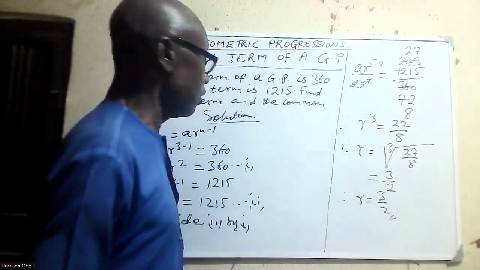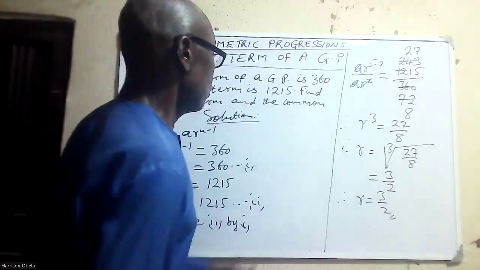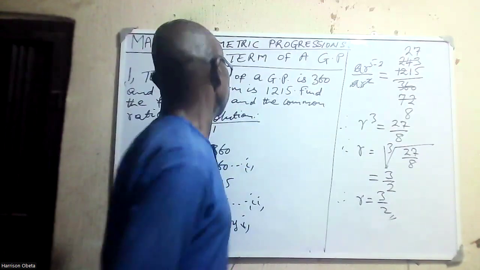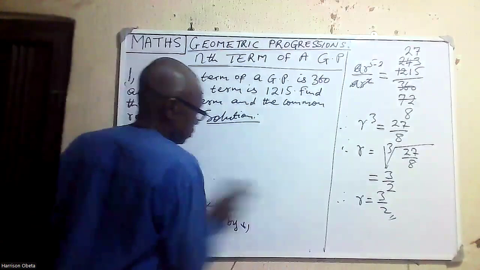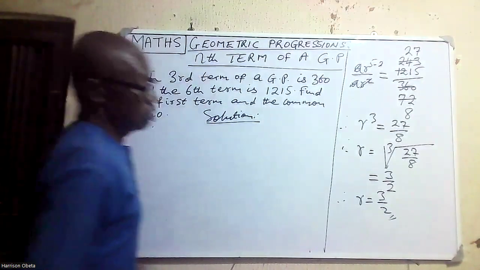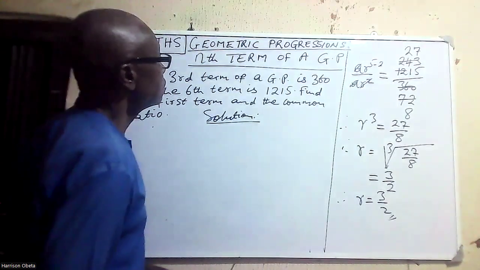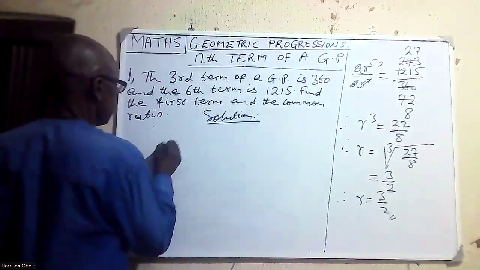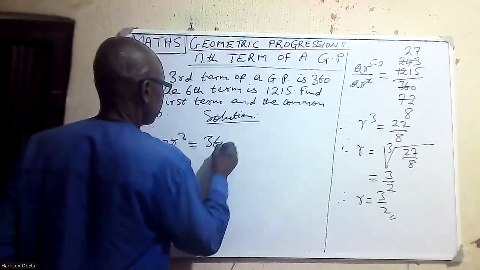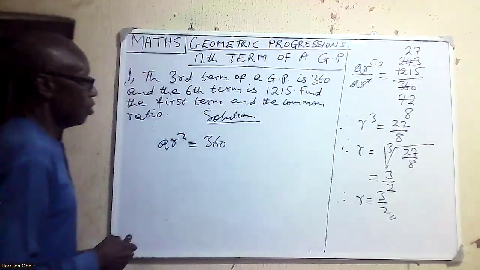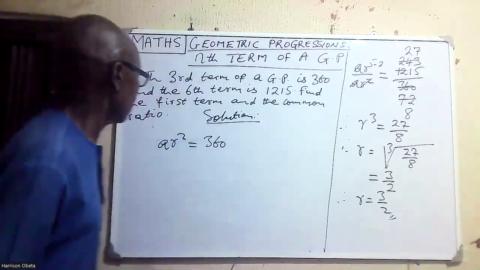Now, going further, we have to go back and find the value of a. We have succeeded in getting the value of r. So, coming back here, you can pick any of the equations. The first one, we have ar raised to power 2 equal to 360. Remember that we have succeeded in getting our r to be 3 over 2.